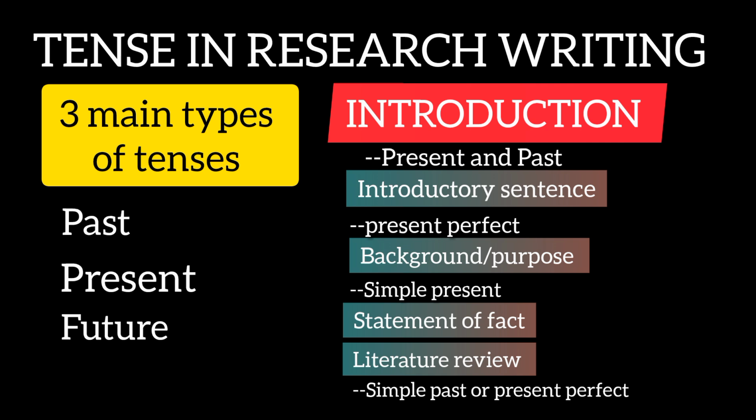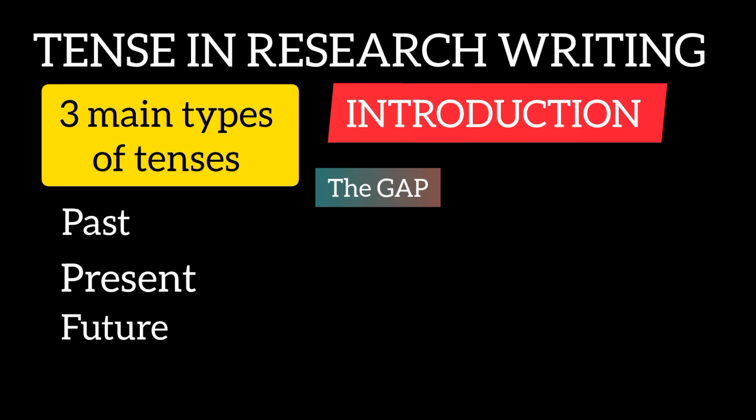In the introduction, the researcher will also state the gap that they wish to fill in the study. They may indicate also what the researcher plans to do in their current study. So the gap may be stated using the present perfect tense by saying, for example, little research has been done on the mental health of lecturers in universities, or few studies have reported on the mental health of lecturers in universities.